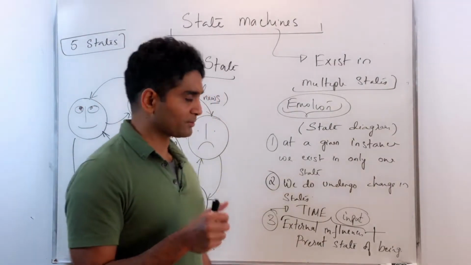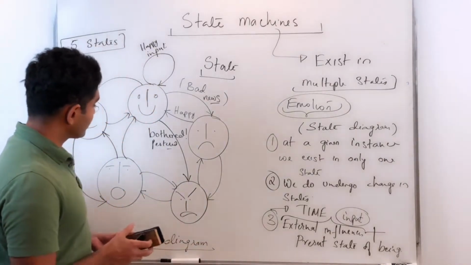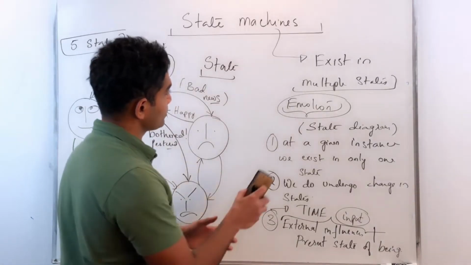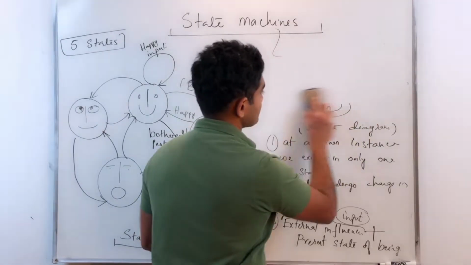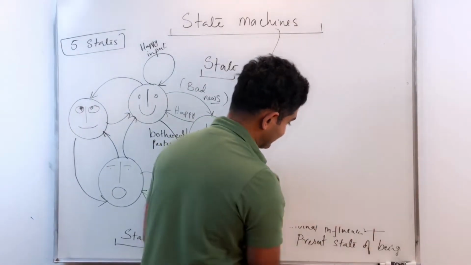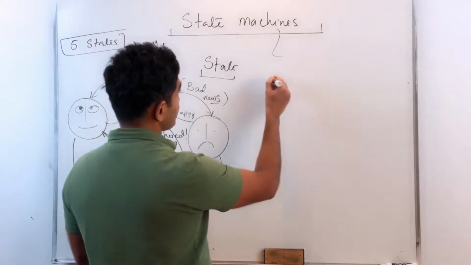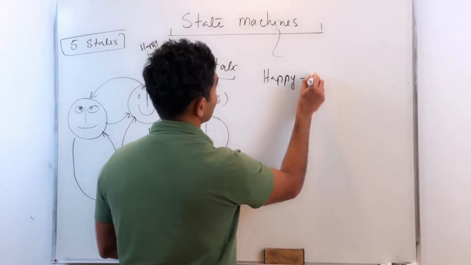I hope that makes sense. So everything has to be encoded in terms of zeros and ones. So if I want to encode the state information itself, then what I would do here, for example, would be to encode let's say the happy state, if I want to make a state machine out of this, with a unique code. I have 5 states here.